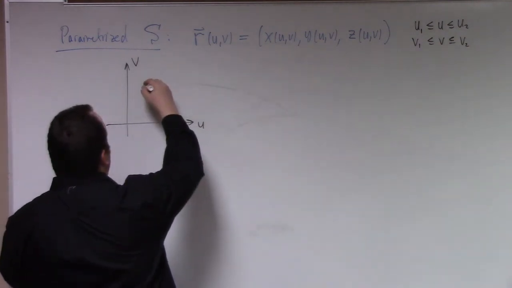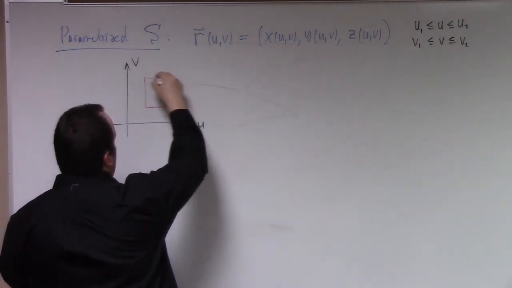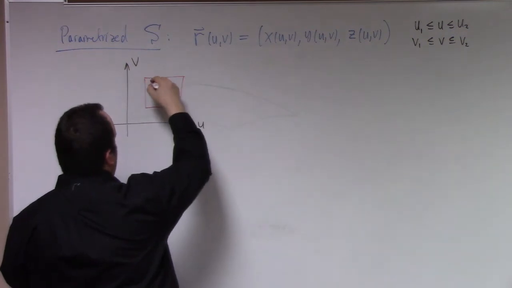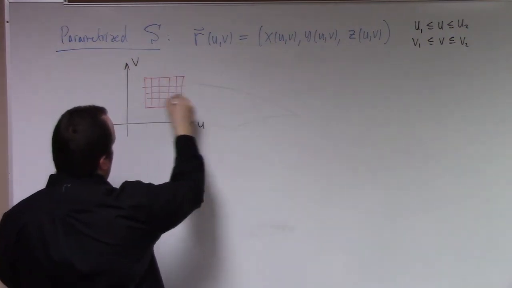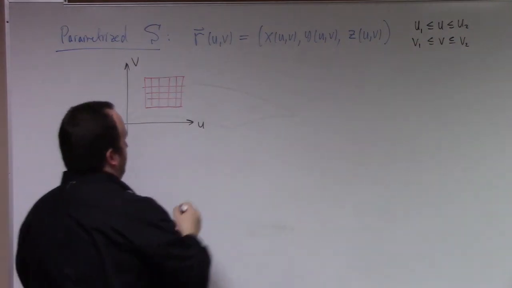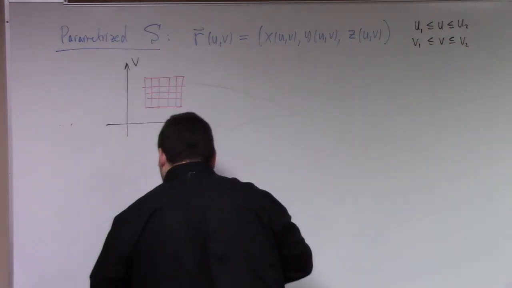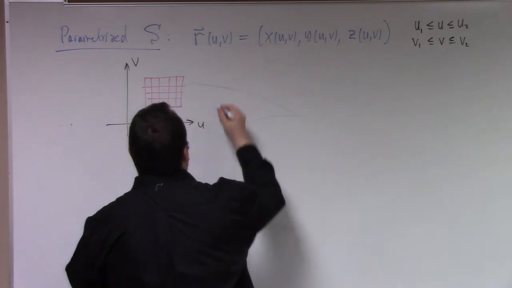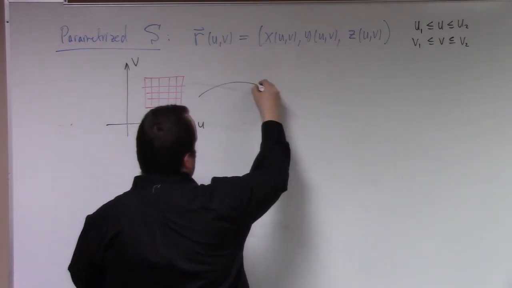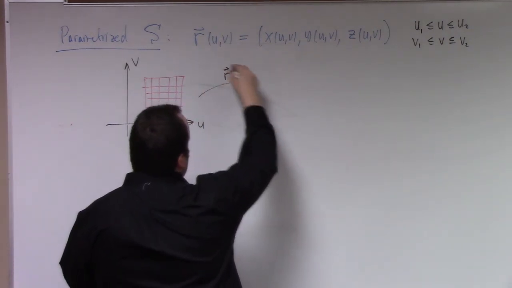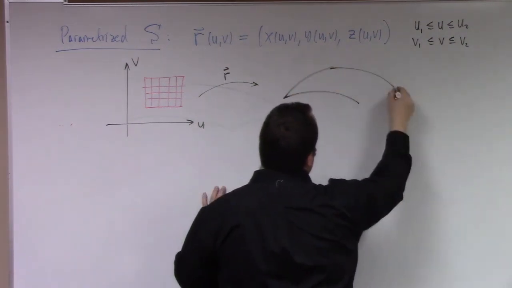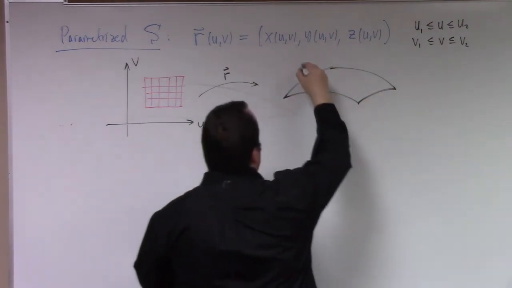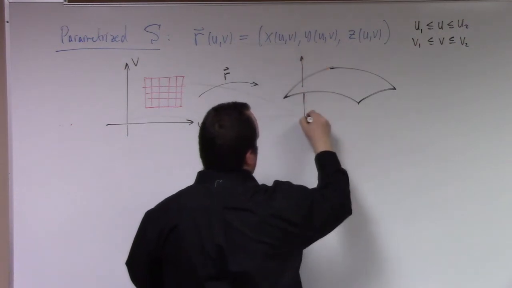Anyway, you got some kind of parameter domain here. And then what this parameterization does is it pastes it. It twists and morphs and glues it somewhere up into 3 dimensions. That's what the parameterization does.